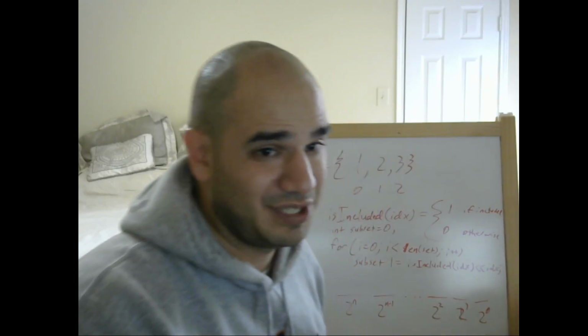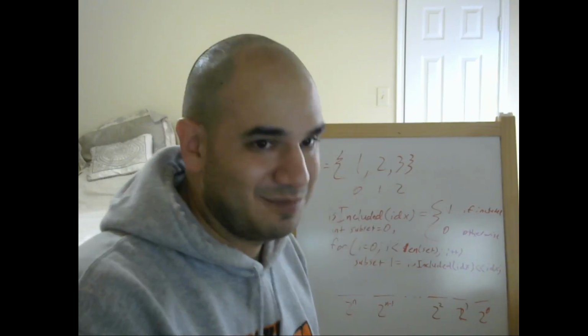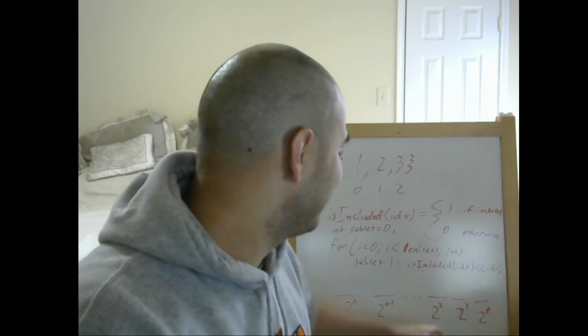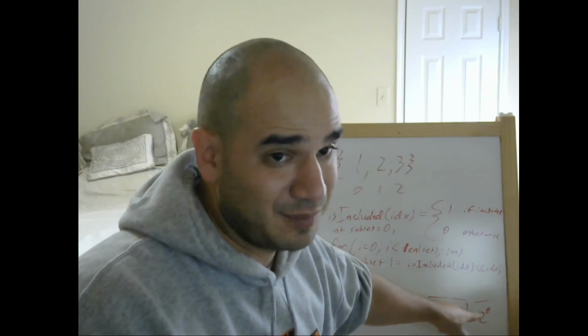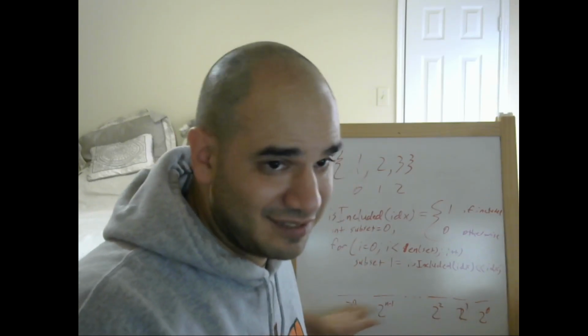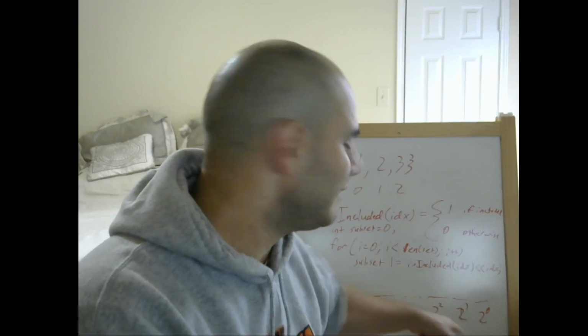So we've created a one-to-one correspondence between a set, and then through the construction of a subset, we're able to map it to a unique representation of n bits. So either it is in the subset or it is not in the subset.